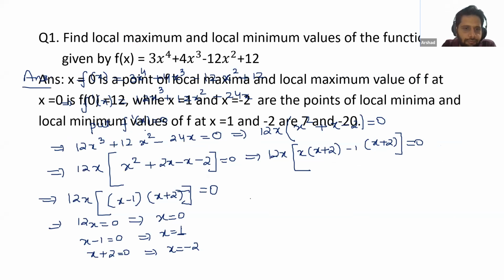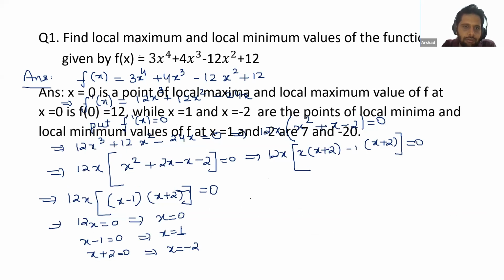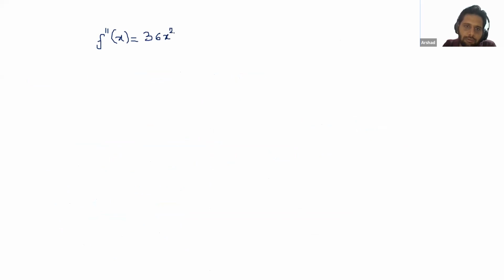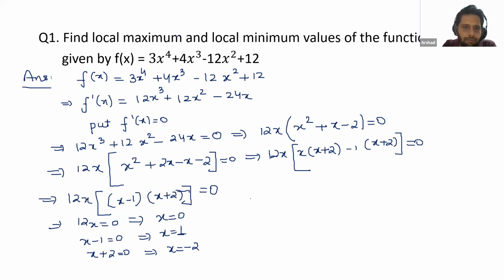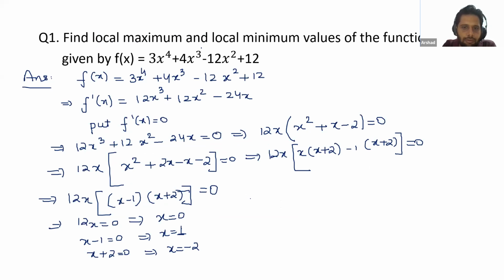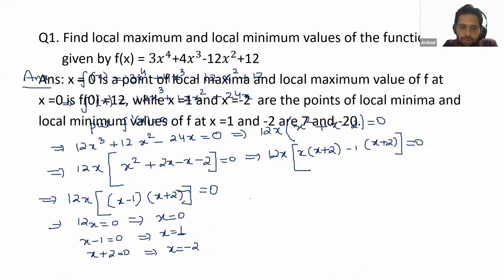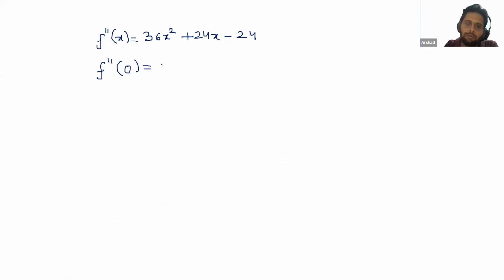What was our function? f dash x is 12x^3 + 12x^2 - 24x, so f double dash will become 36x^2 + 24x - 24. Now put all these critical points. First is 0, put 0. What you will get? 0 plus 0 minus 24. So f double dash 0 is less than 0.